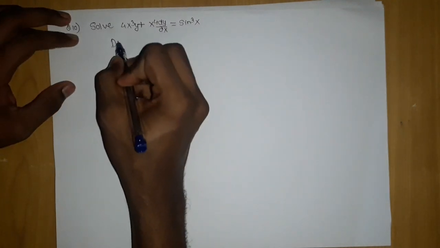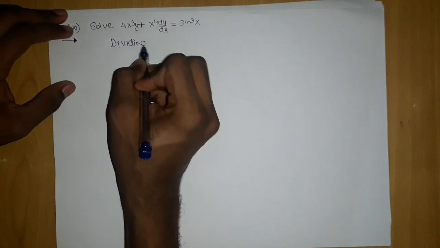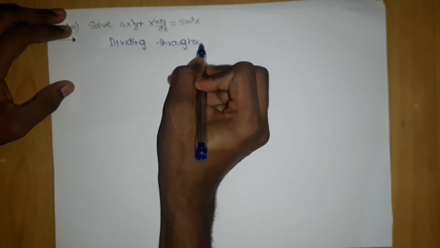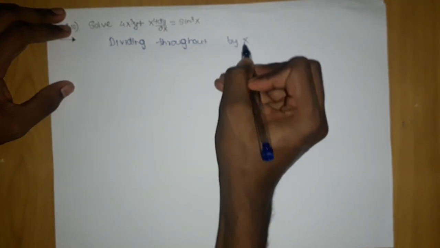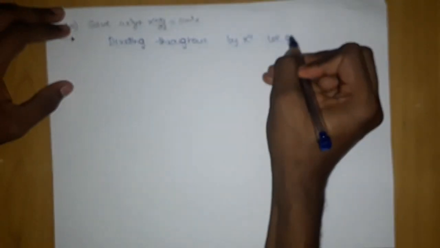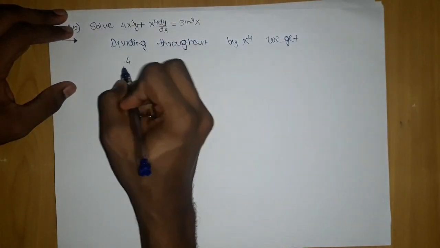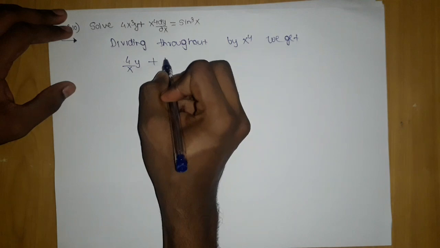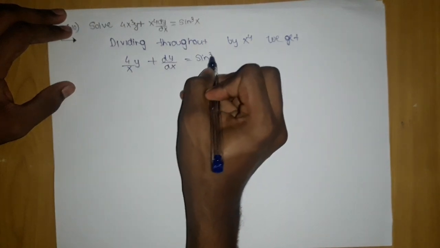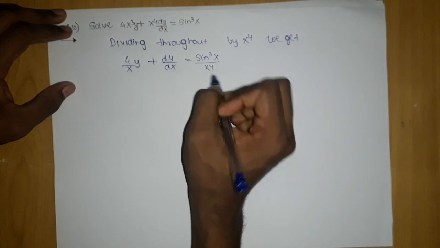So dividing throughout by x raised to 4, we get 4 by x into y plus dy by dx equals sin cube x upon x raised to 4.